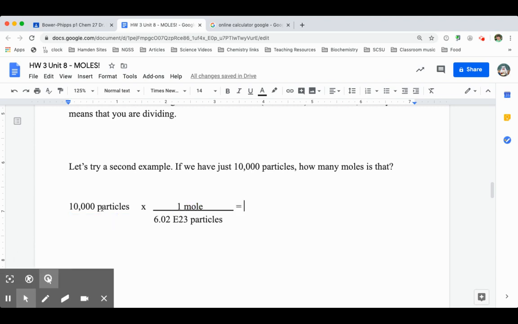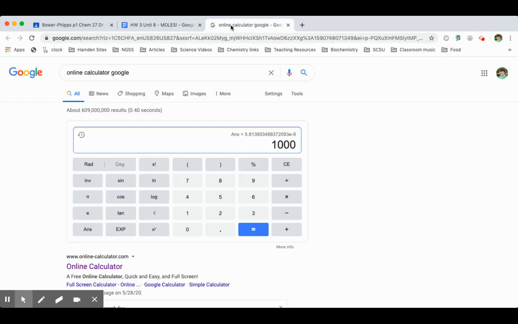So I take my particles, divide by 6.02 times 10 to the 23rd. Let's see what we get. So 10,000 times 1 divided by 6.02 times 10 to the 23rd.